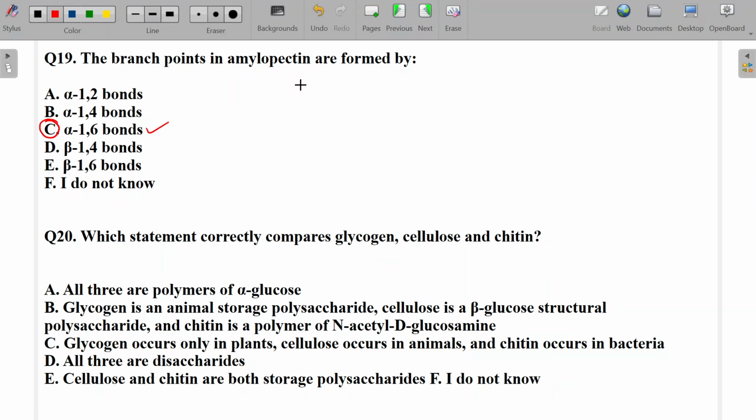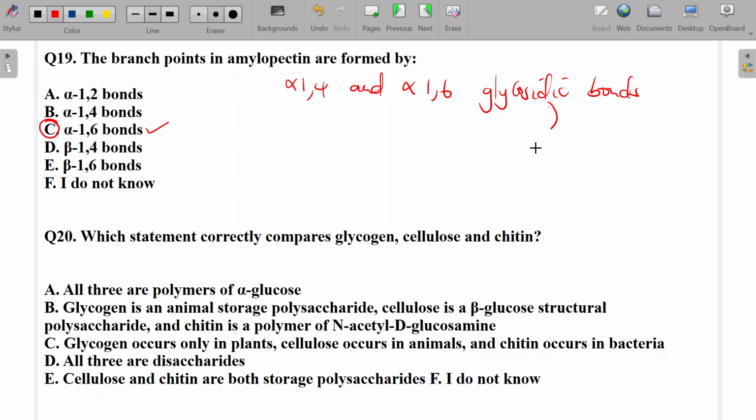So amylopectin is made up of alpha 1,4 and alpha 1,6 glycosidic bonds.